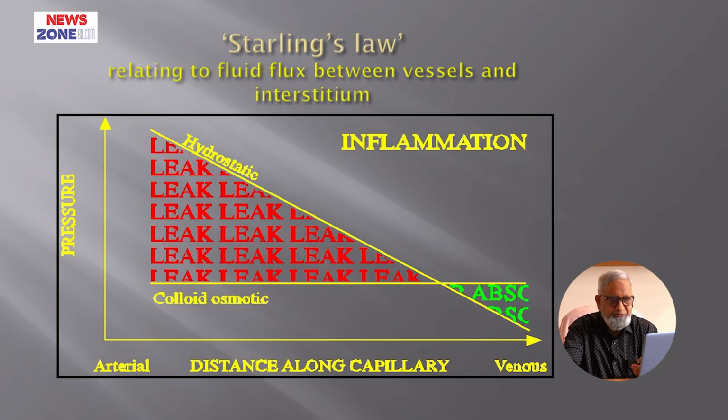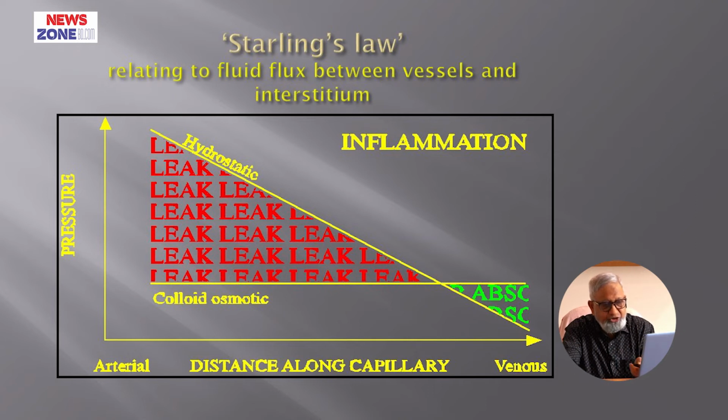forces fluid out of the vessels into the interstitial space. What is the nature of the colloidal osmotic pressure? Colloidal osmotic pressure tends to retain the fluid within the vessels. So, colloidal osmotic pressure is 25 and capillary hydrostatic pressure is 32, so the difference is 7 millimeters of mercury, and excess fluid leaches out.